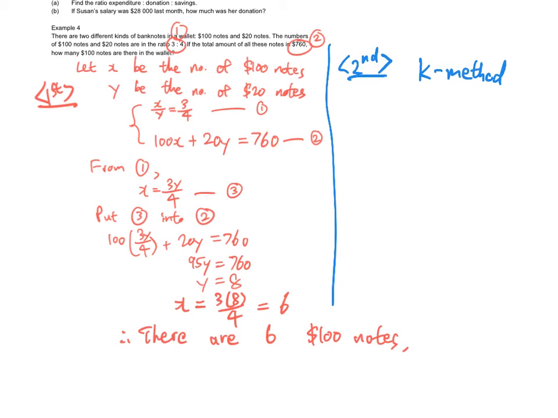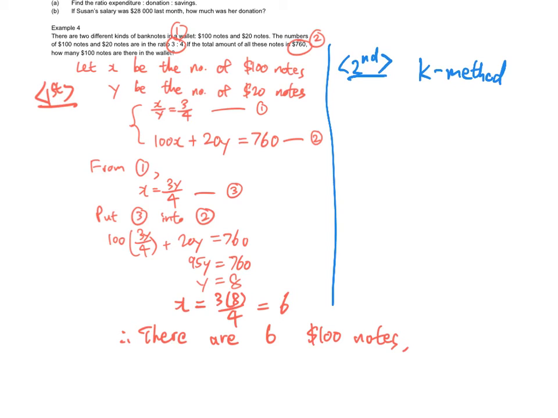Every time when you want to set the unknowns, actually the K method is a useful way to set the unknowns in ratio problems. And when I write this down, let's see which one is easier and tell me the reason why.